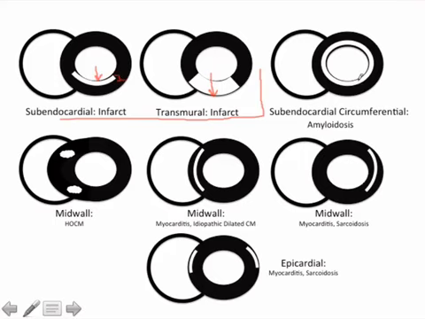Amyloid is also subendocardial, but it's circumferential all the way around. Amyloid is going to have that, the blood is going to be dark, and it's going to have that prolonged inversion time around 300 or 350, where it's normally around 180 or 200.